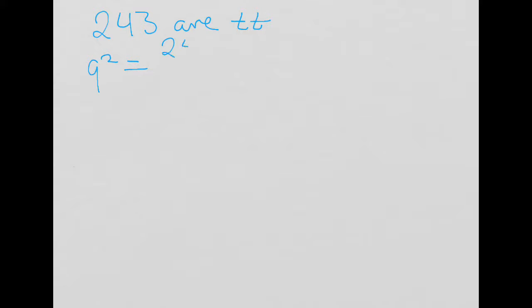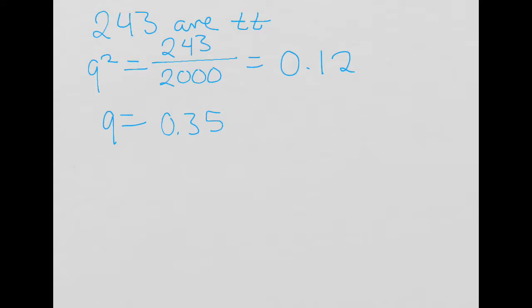So I'm going to take my 243 and divide it by the total number of people, and that gets me 0.12-ish. I'm going to round. All right. And from there I can get Q, and I just square root my Q squared value, and that gets me about 0.35.